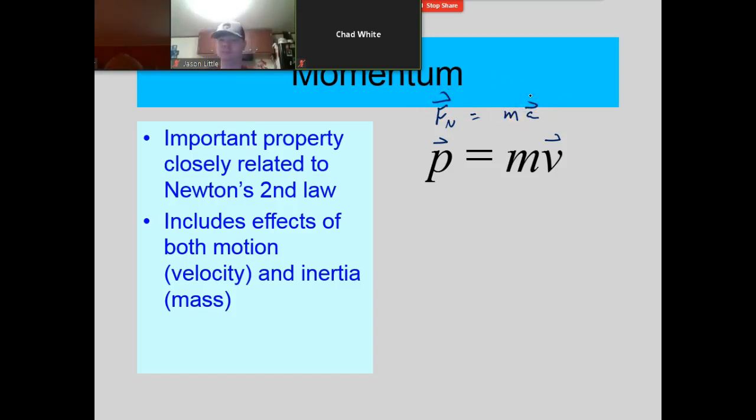Vector. So in that way, these are really closely related. They both depend on mass, but this depends on mass and velocity rather than mass and acceleration. Whereas force is mass times acceleration, momentum is mass times velocity.